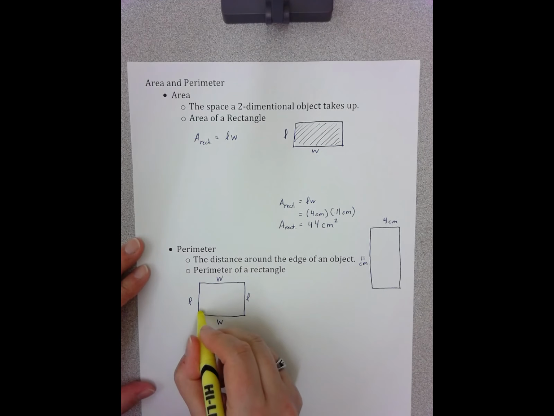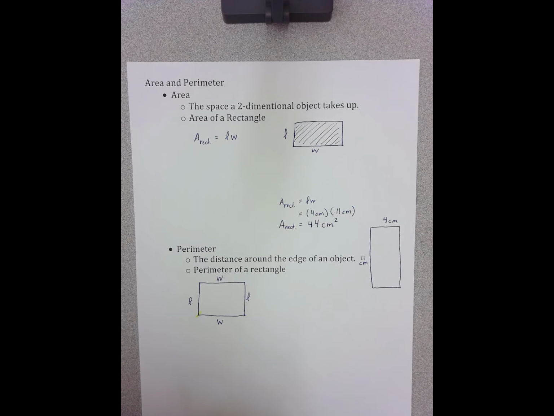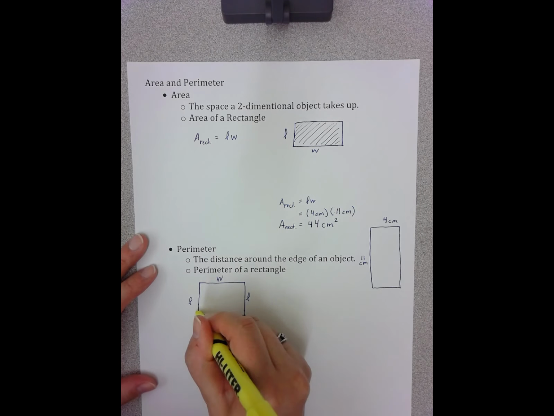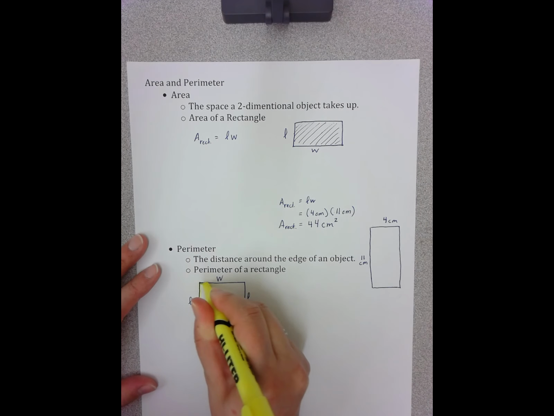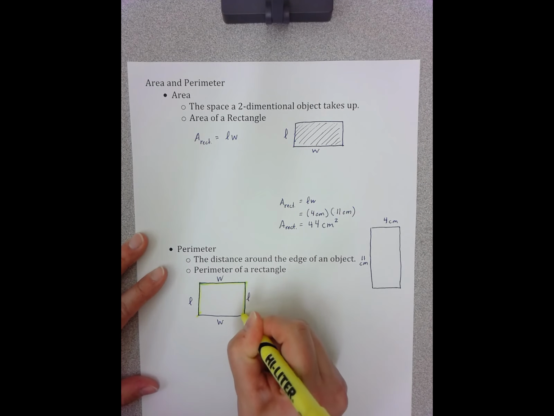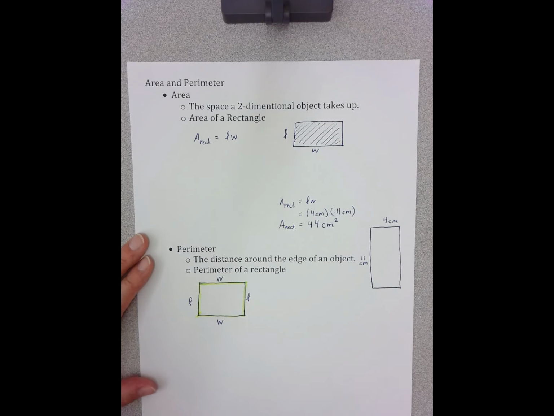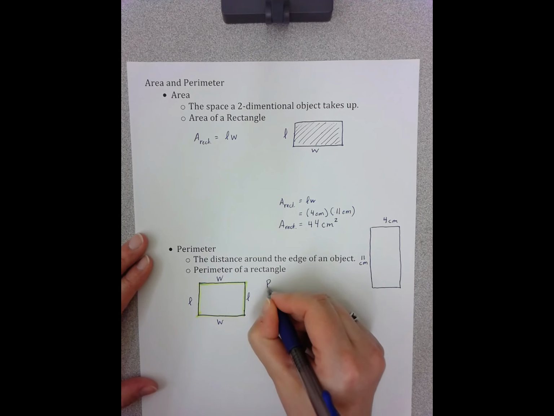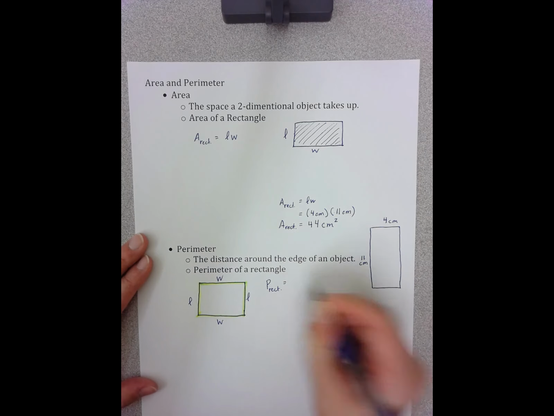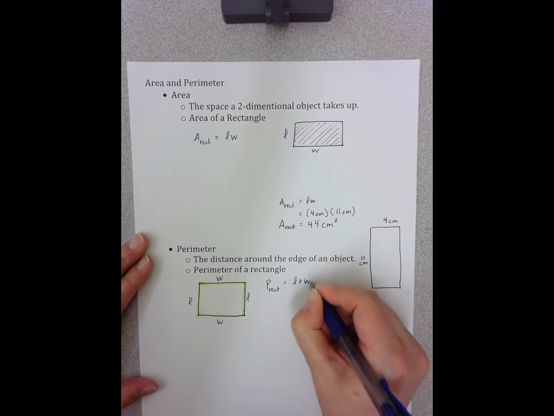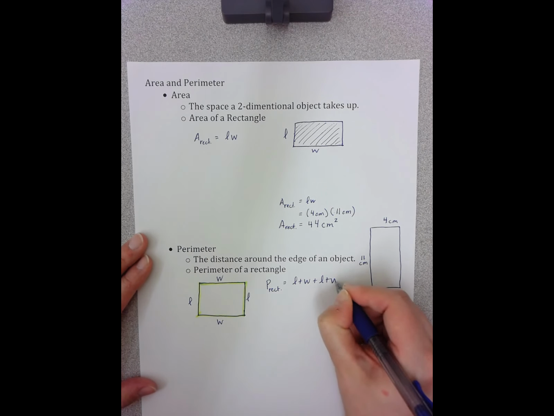It's almost like I put a cut in the rectangle and stretch out the lines until I make one long line. And if I were to do that, I would have an L plus a W plus an L plus a W. So we say that the perimeter for a rectangle is L plus W plus L plus W.